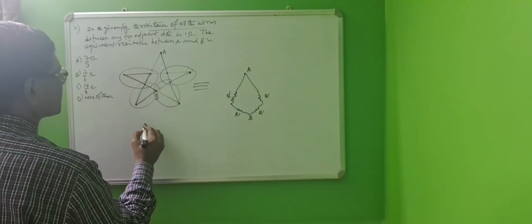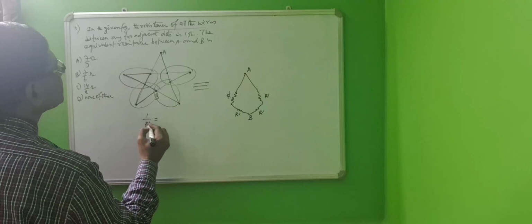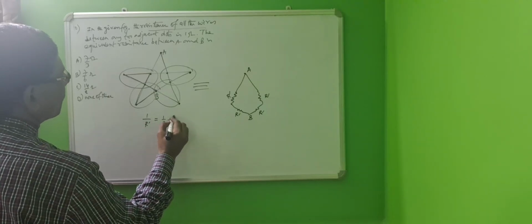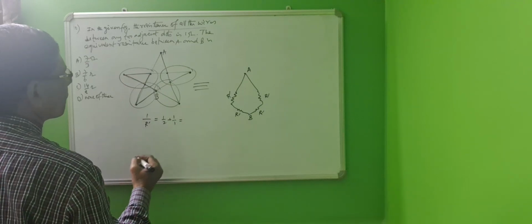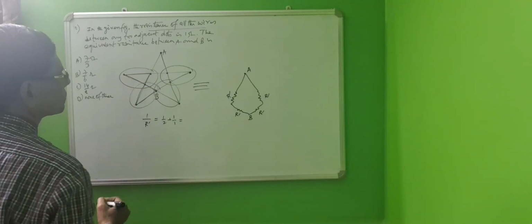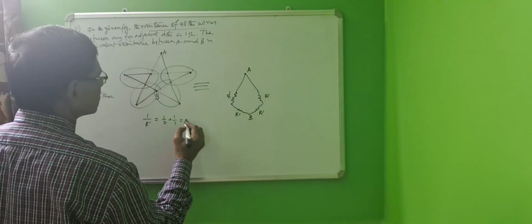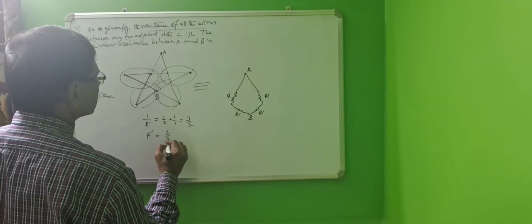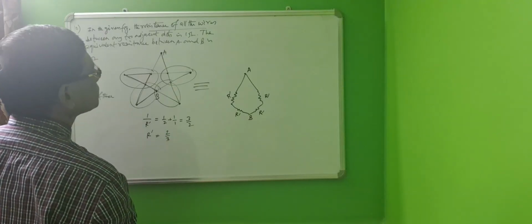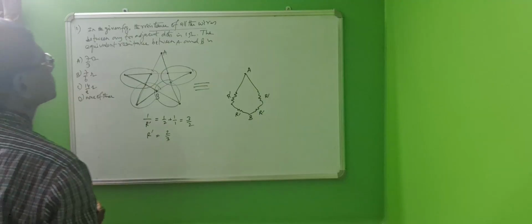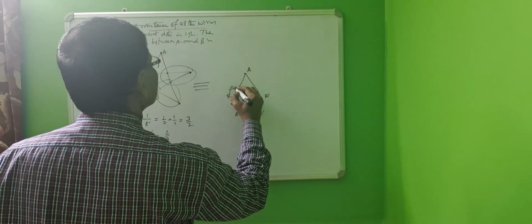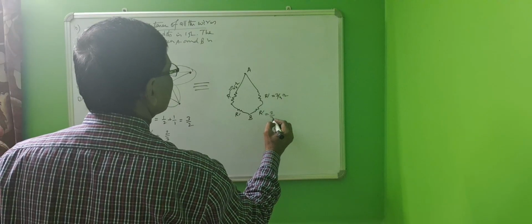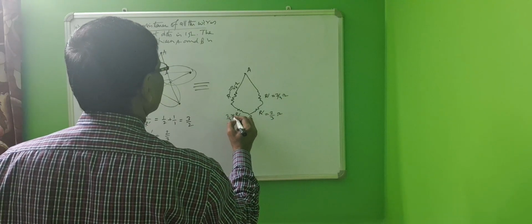So R dash can be given as 2 by 3 ohm for this one, this one also 2 by 3 ohm, this one also 2 by 3 ohm, this one also 2 by 3 ohm.